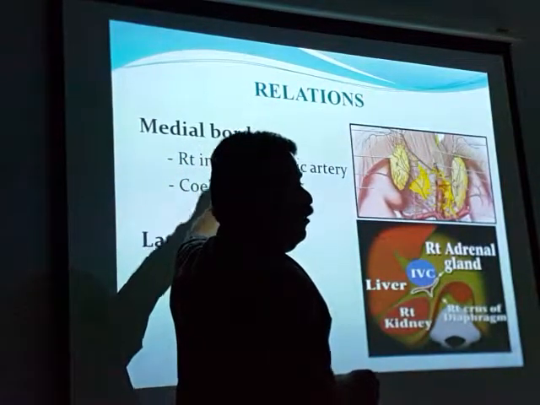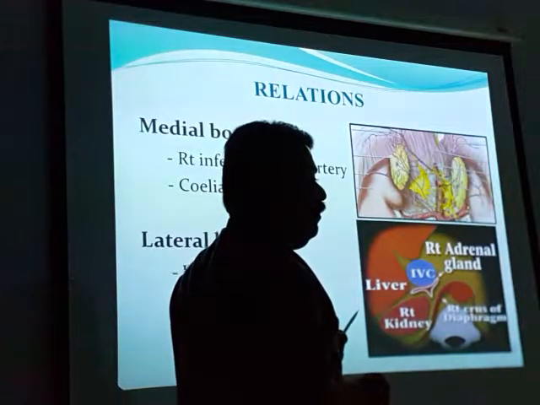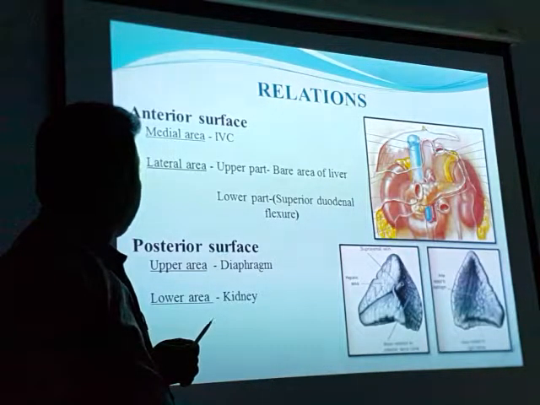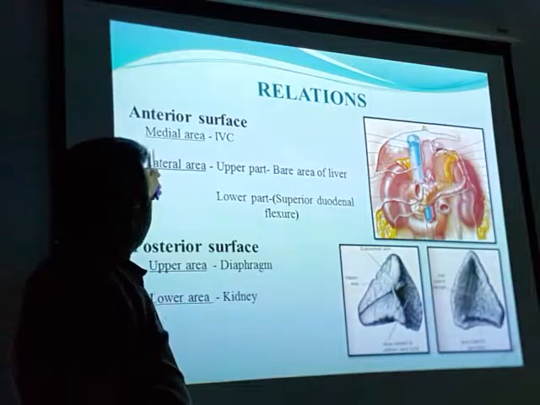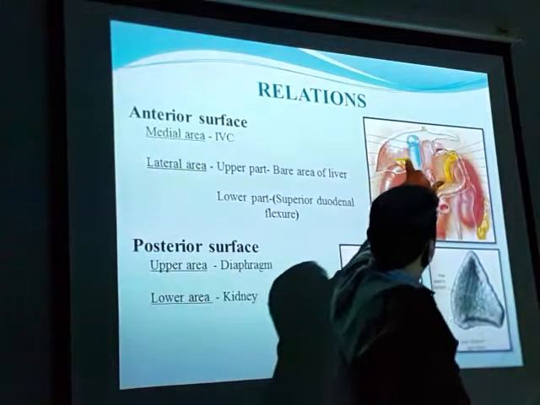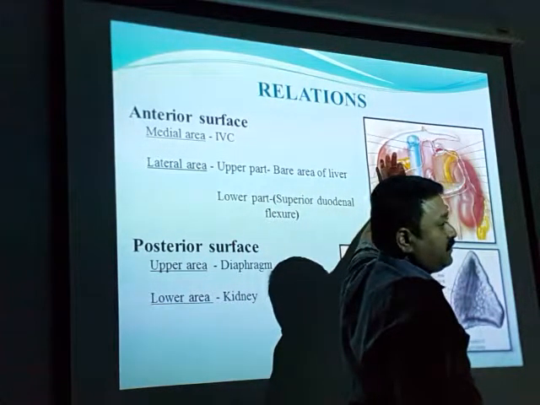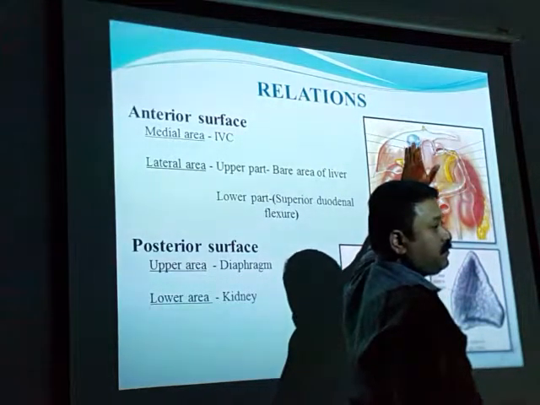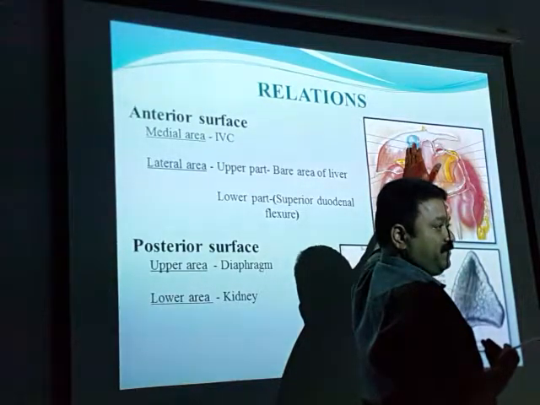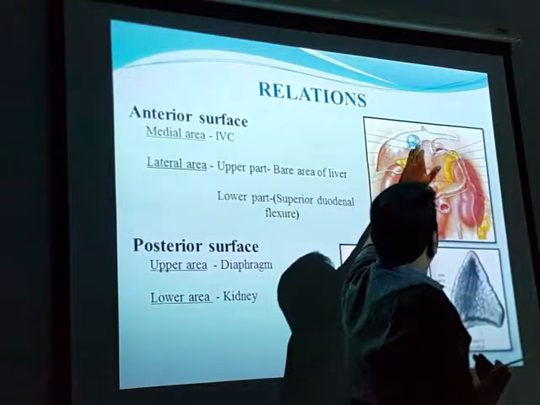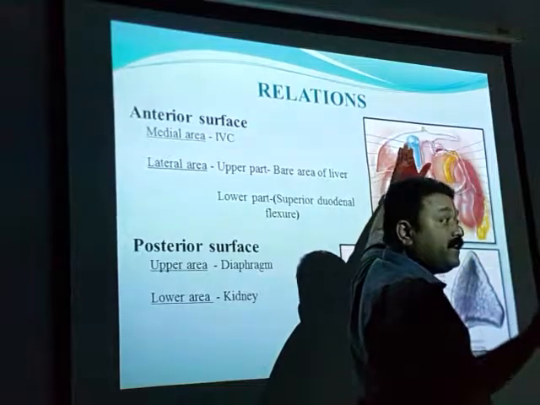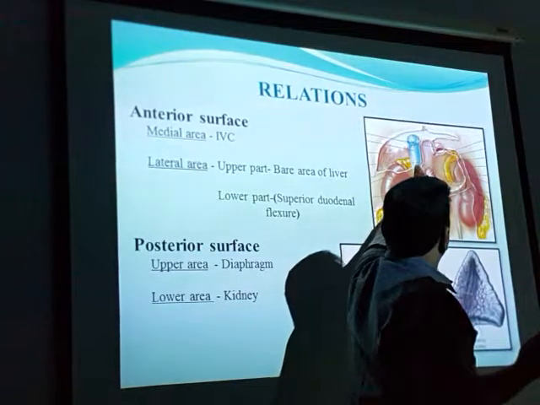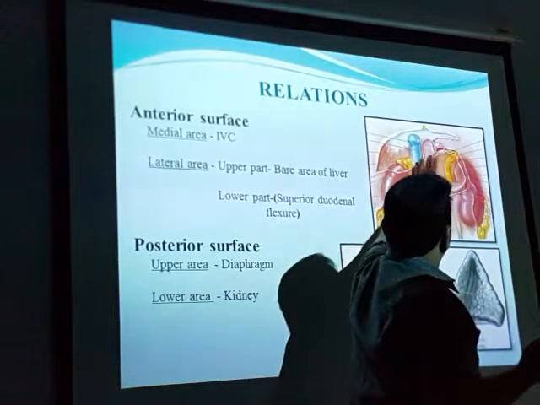What is the difference between medial area and medial border? This is the anterior surface, the whole of this. Medial means towards the median plane. In the anterior surface of the right suprarenal gland, there is a medial area and a lateral area.